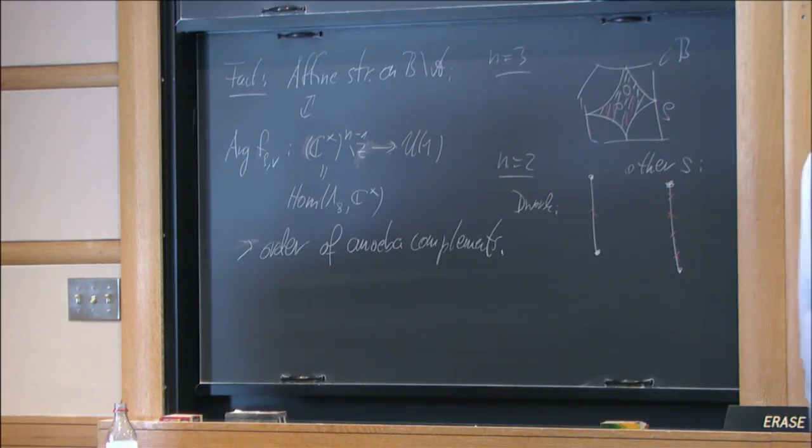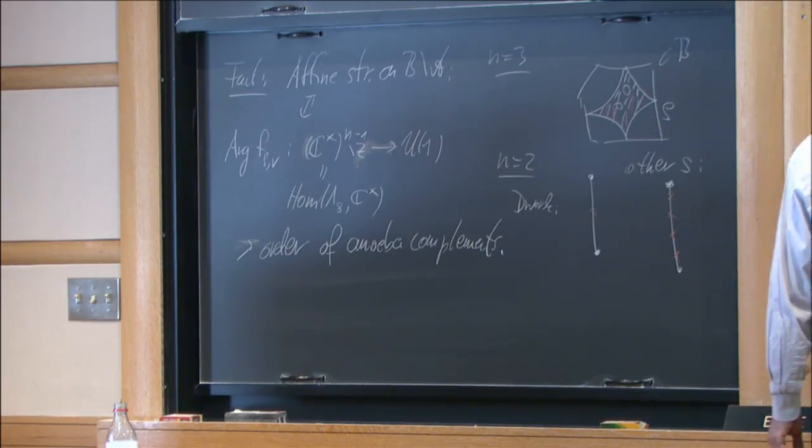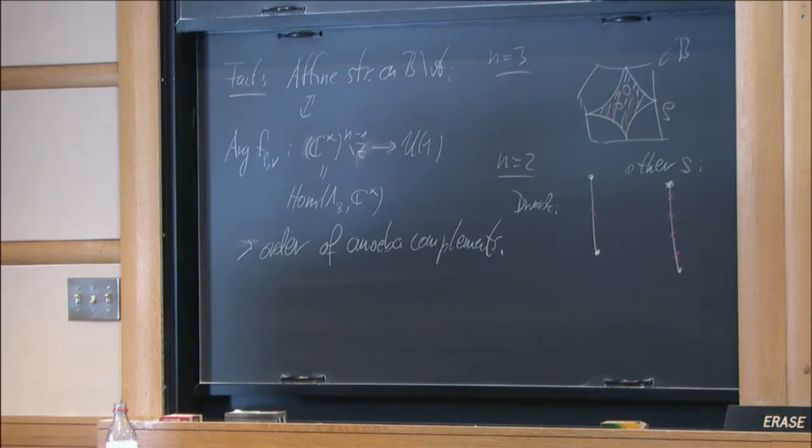So what is a tropical cycle? Now I'll come to work I did with Helge. On B minus A is a one cycle with values in lambda.